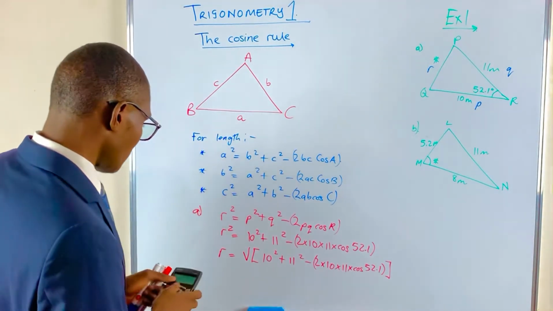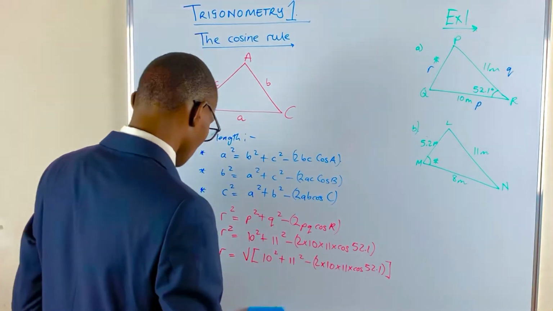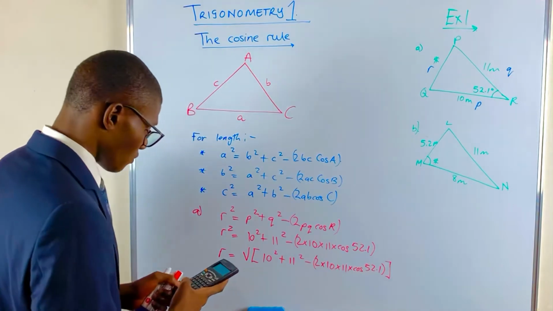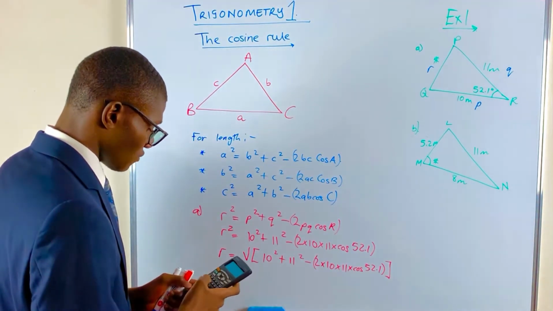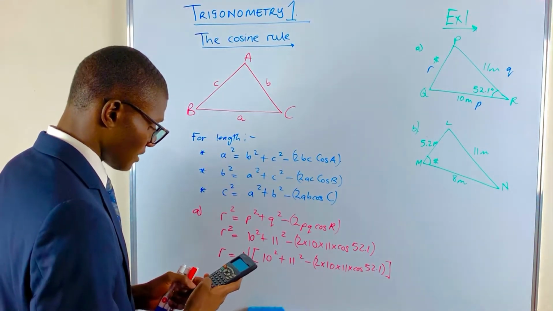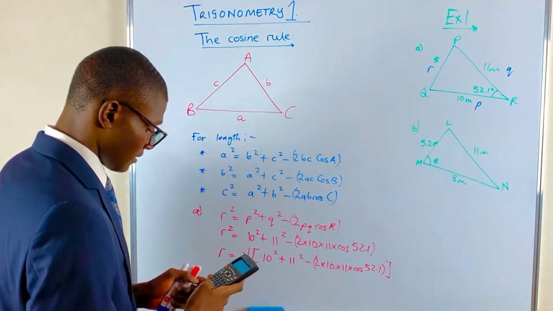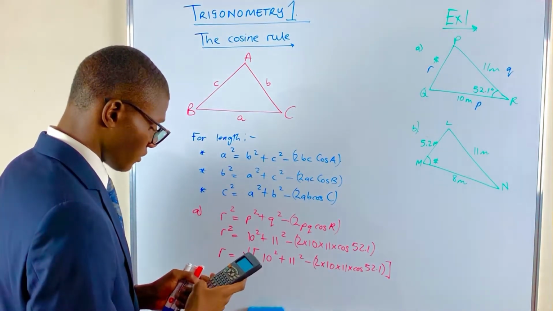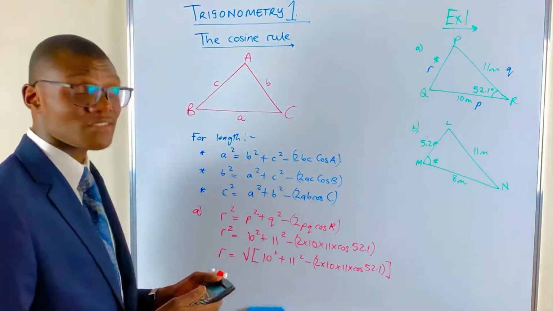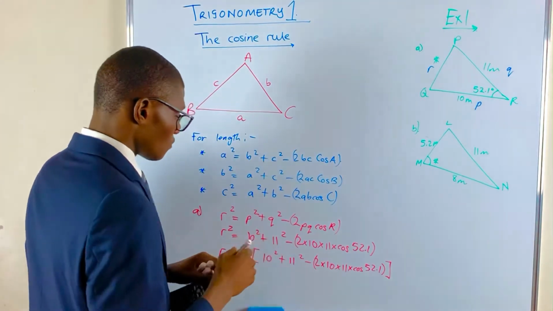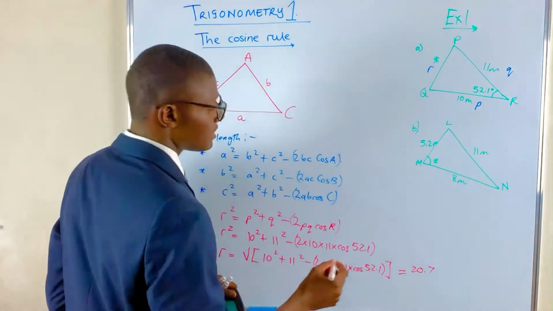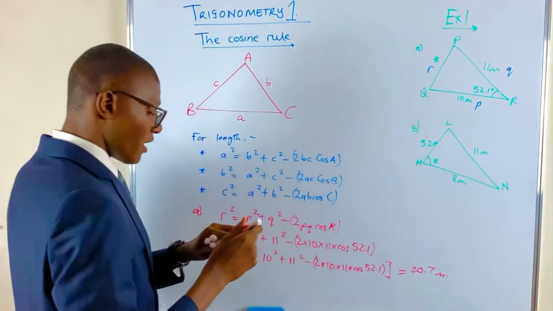We're saying 10 squared plus 11 squared minus 2 times 10 times 11 times cos of 52.1, and then we find the square root of that. That will give us 20.7. So the value of r will be 20.7 meters. This is for r.